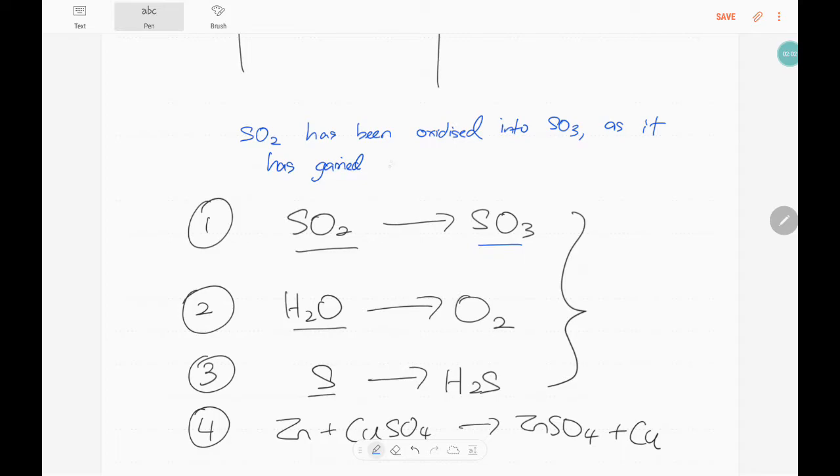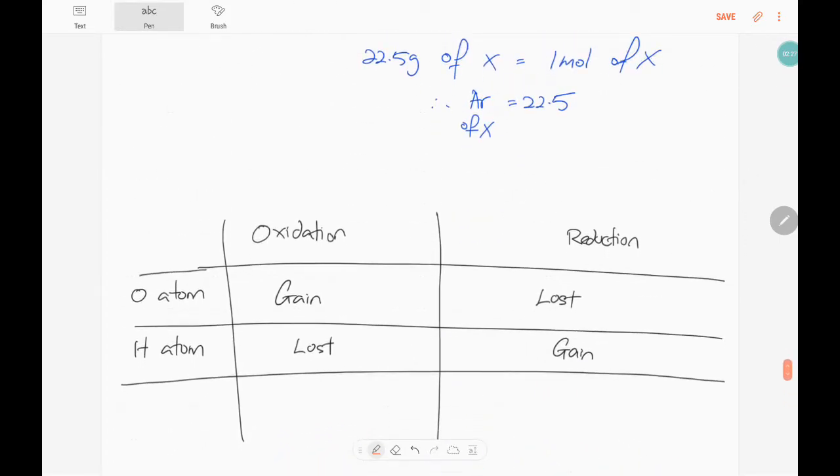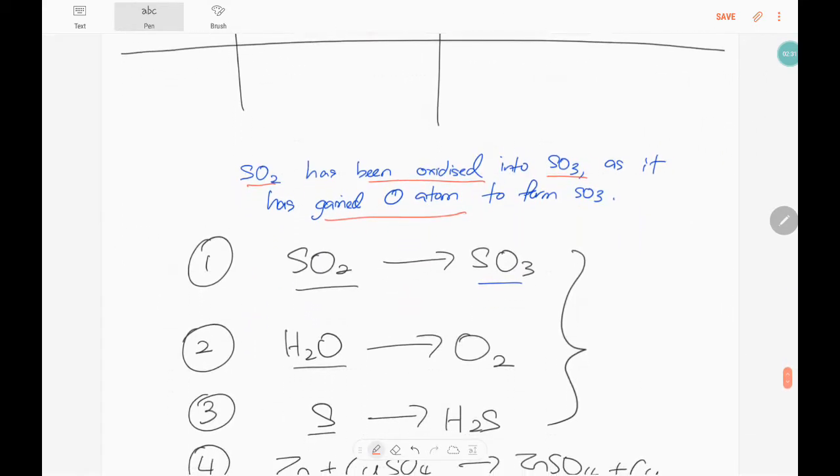We just say that it has gained oxygen atom to form SO3. So as long as it has gained oxygen atom, we say that it has been oxidized. So SO2 has been oxidized into SO3 because it has gained oxygen atom. So we have made use of the first definition, gain of oxygen atom. Again, the keyword here is atom, so make sure we talk about atom.